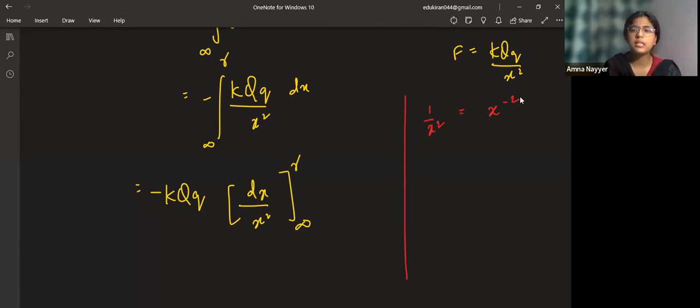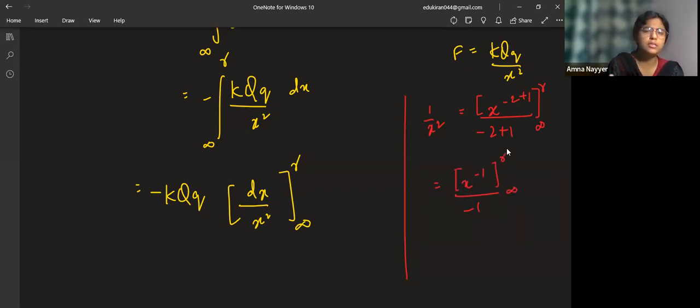Now see, add 1 to the power: minus 2 plus 1 is minus 1, and we put it in the denominator, and the limits we leave as infinity to R. What is left? x to the power minus 1 by minus 1, from infinity to R. This was the step that we had seen, right? To make this positive, we can put the minus 1 separately. x to the power minus 1 can be written as 1 by x, from infinity to R.